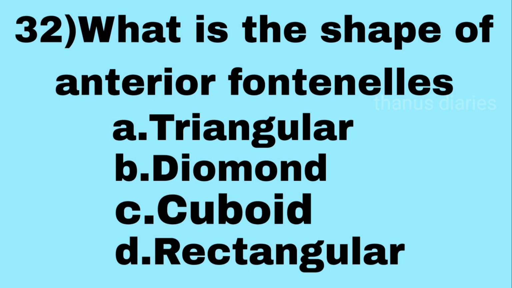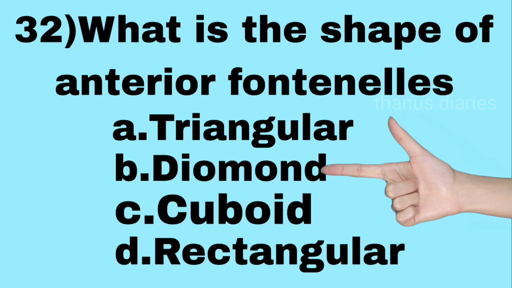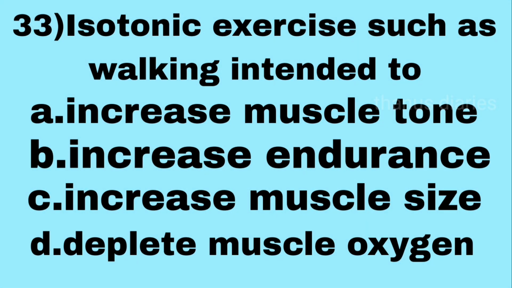What is the shape of the anterior fontanelle? Triangular, diamond, cuboid, rectangular. The answer is diamond shape. Isotonic exercise such as walking is intended to: increase muscle tone, increase endurance, increase muscle size, deplete muscle oxygen. Isotonic exercise is for increasing muscle tone.